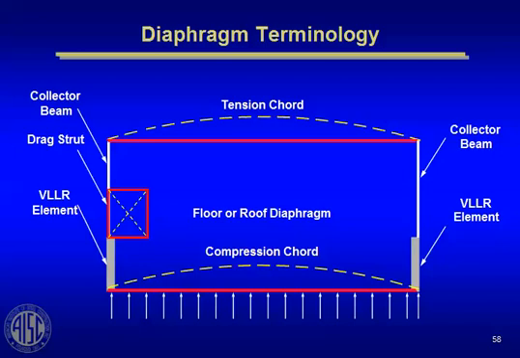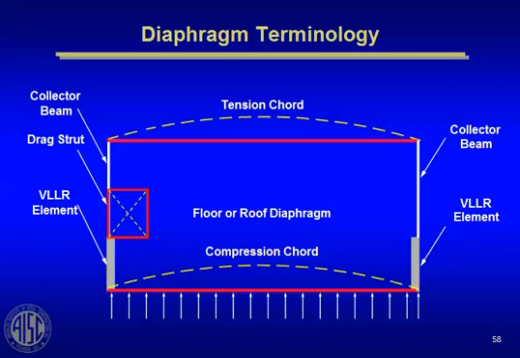Let's talk about some terminology that's common in metal deck jargon and publications that deal with diaphragms. Obviously, you have the vertical lateral load resisting element, which is the receptor of the diaphragm shear. That's where the shear ends up, going down the vertical lateral load resisting element.